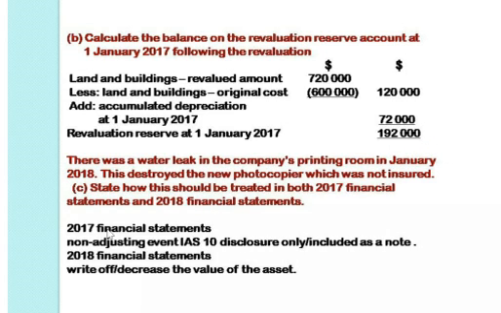Hence, in the 2017 financial statement, we will write it just as a note based on IAS 10. And in 2018, as this occurred during the year of 2018, we are going to mention it in the financial statement and write it off as the decreased value of the asset.